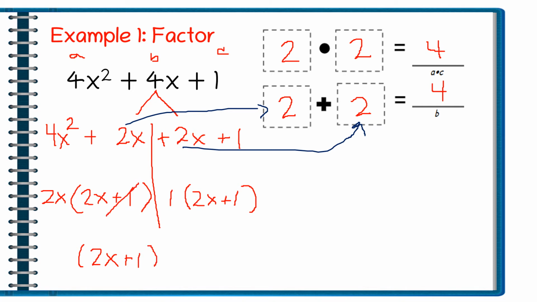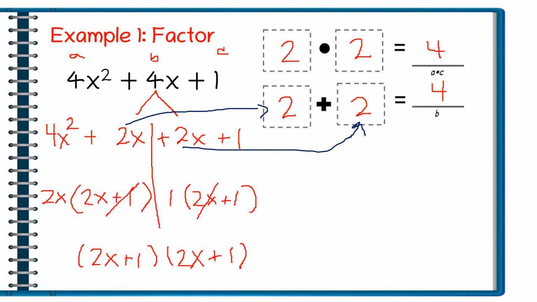And when you factor that out, you're left with another 2x plus 1. So when you have 3 terms in the beginning like we did, our goal is to try to break it up so that we have 4 terms.